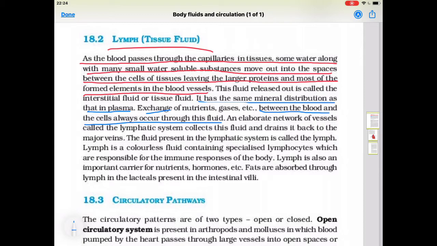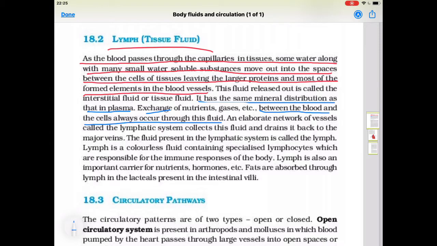In our body, near the tissue region, again the lymphatic system is there, which takes the fluid from the tissue region, and through lymph vessels it goes towards the heart, that is the right chamber of the heart. Before entering the right chamber, it fuses with the vena cava.